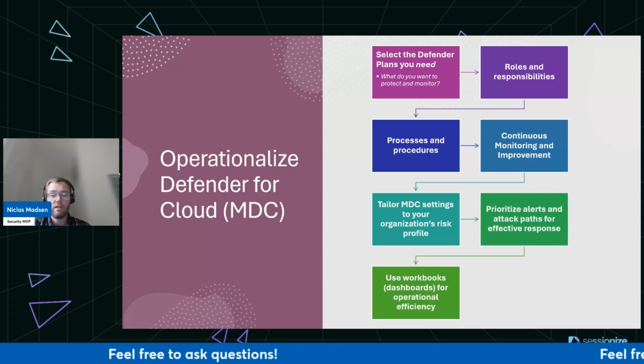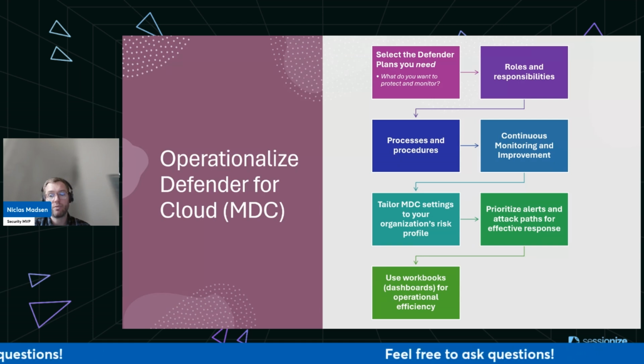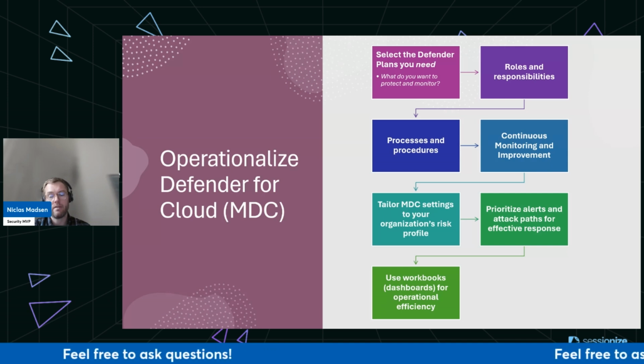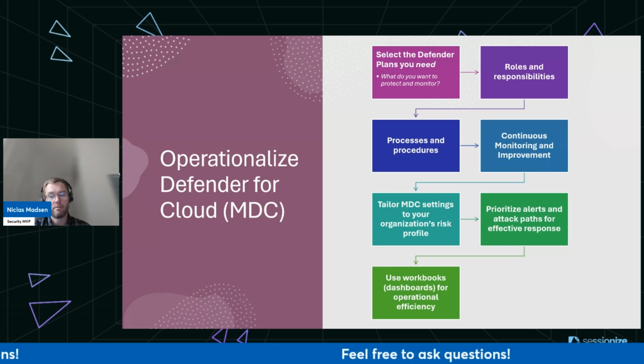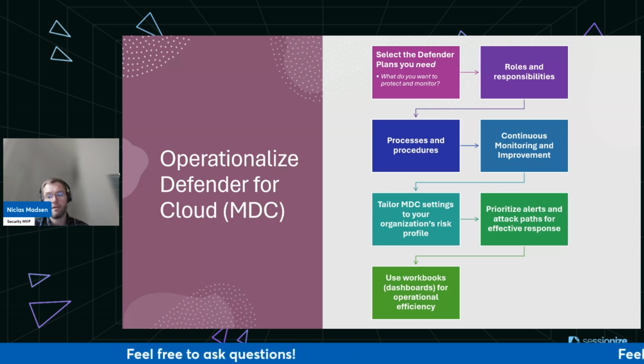I have seen that it often works best if you assign these roles and responsibilities based on the individual strengths and skills you have in the team. So remember, people are different and they have different skill sets. Some might be more technical than others, so try to use those strengths to your advantage.